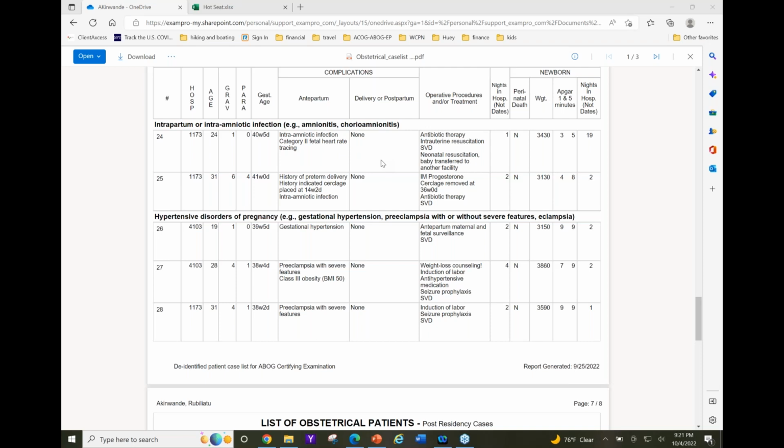I need to look it up, but I know they were monitoring the baby for, what is it called? There was some neuropathy, like there were some brain issues that they were monitoring the baby for. I don't remember.